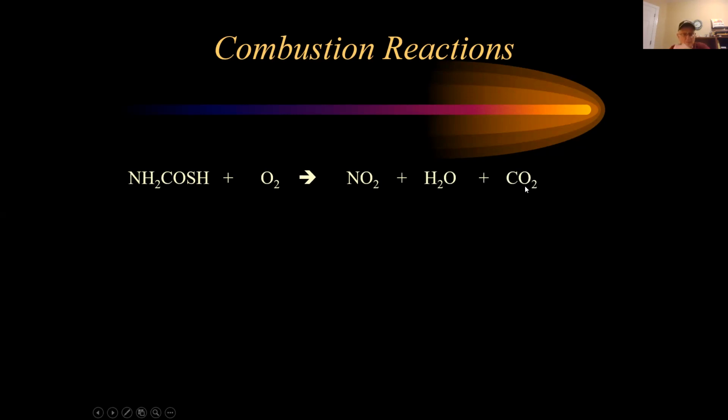You could make carbon monoxide. We hope you wouldn't, but that would be very poisonous and dangerous, but it's possible, but not if you've got enough oxygen around. Oxygen will react with carbon monoxide to make carbon dioxide as well. Sulfur dioxide is the most likely product.